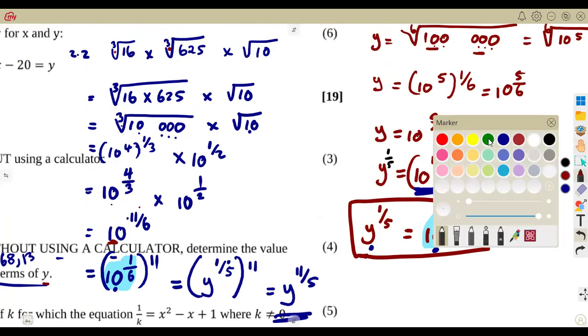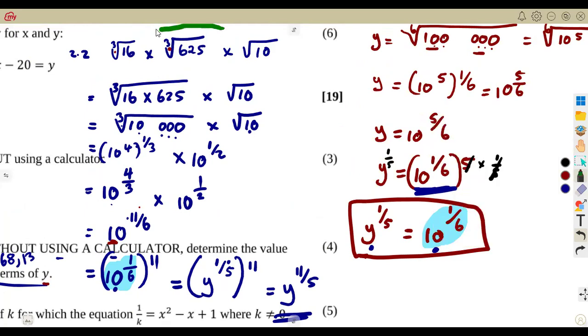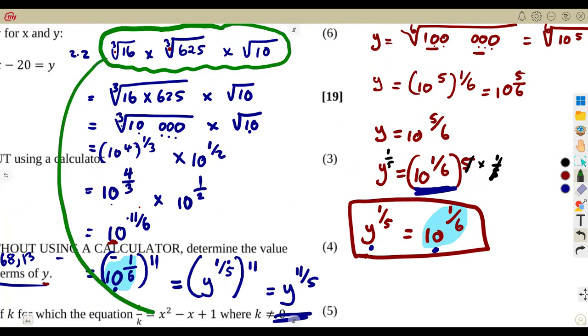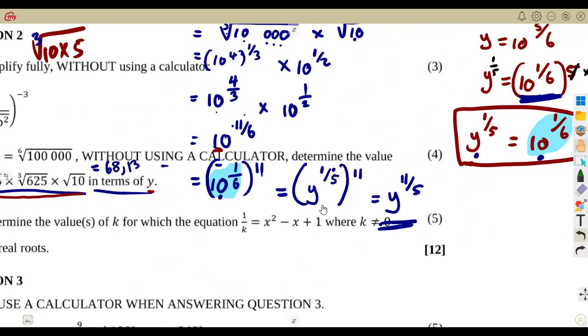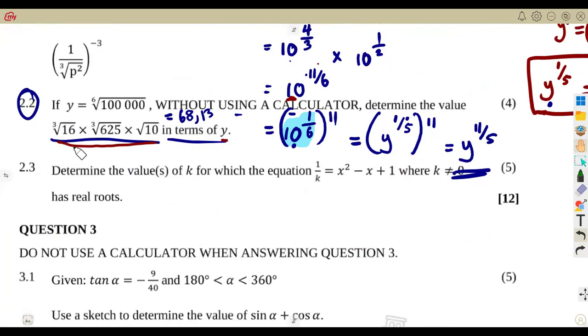It must make sense to say the whole of this part that we are seeing. Remember, that is our question. Now it is written as what? Y to the exponent of what? 11 over 5. So let's test and see. Remember, we simplified it before here. I said if you simplify this, you are supposed to get what?